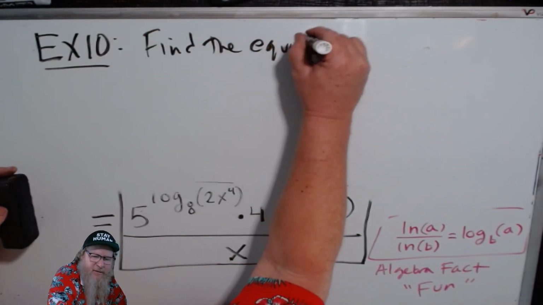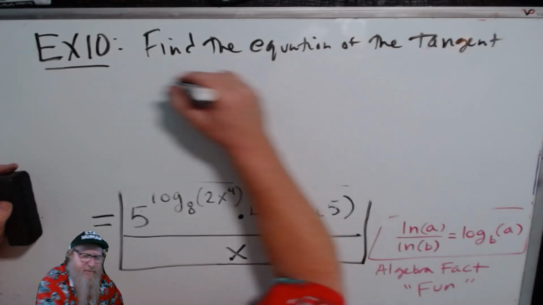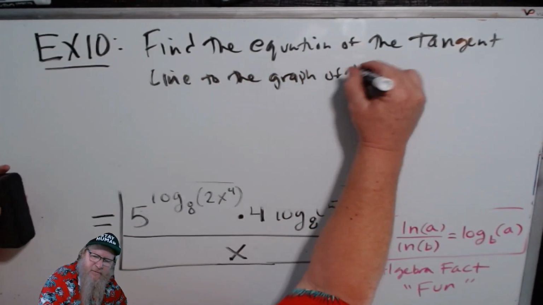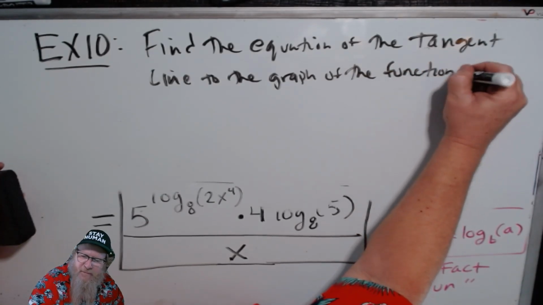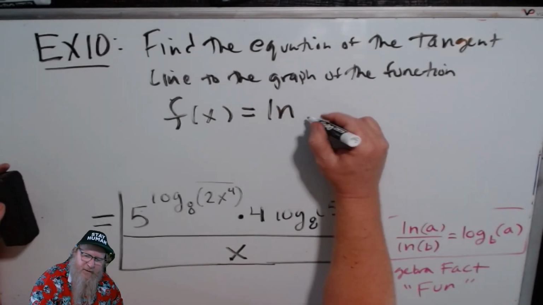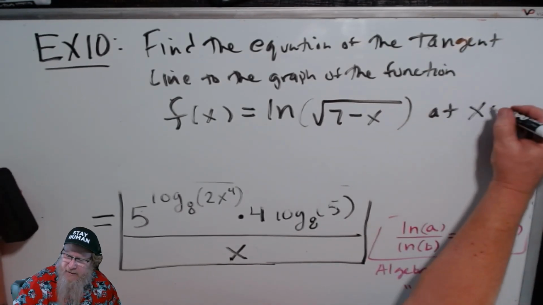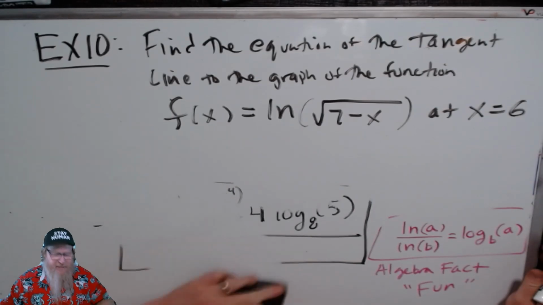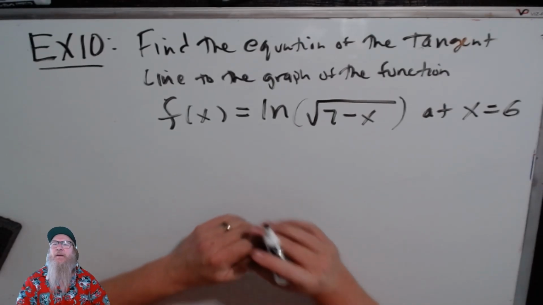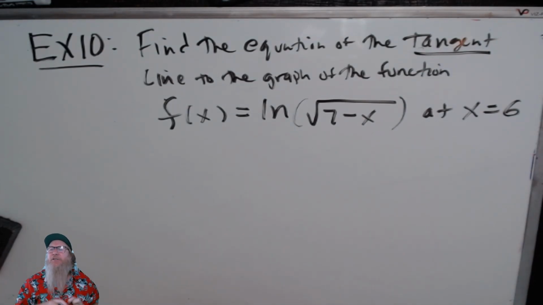Find the equation of the tangent line to the graph of the function f of x equals ln of the square root of 7 minus x. This is like our roots. This is our mathematical roots, where we came from. Tangent lines, instantaneous rates of change, slope of the tangent line at a point.